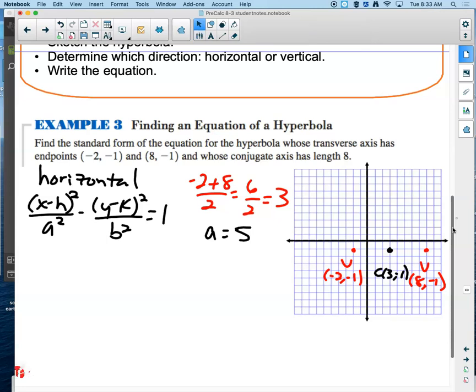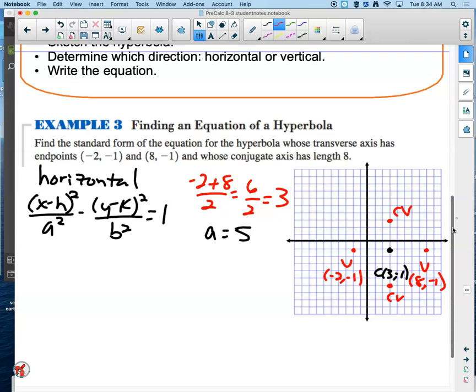Conjugate axis has a length of 8. There it is. That's my minor axis. So if it has a length of 8, I have to split that two ways and go up 4 and down 4. And that is going to change my y coordinates here.